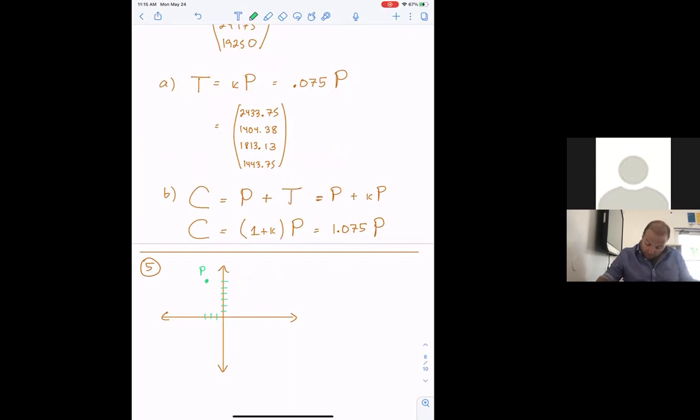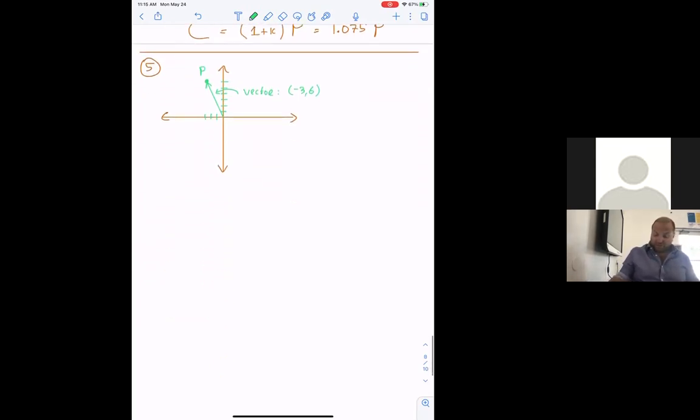And what we can do is draw an arrow from the origin to that element. And we call this a vector. This is the vector. And normally in vector notation, we would write it as -3, 6. That's the vector notation: 3 to the left, -3, up 6, +6.